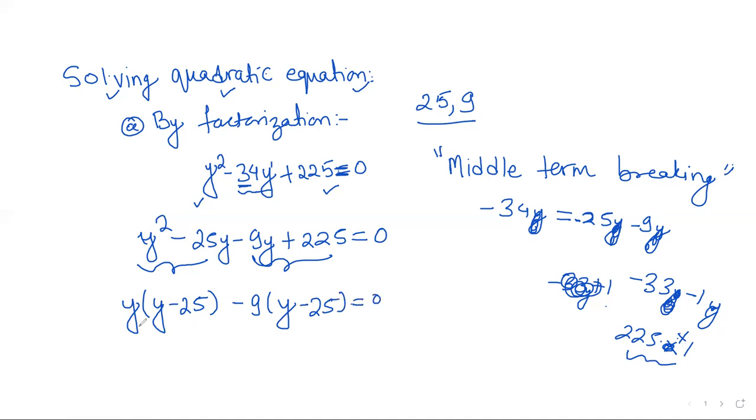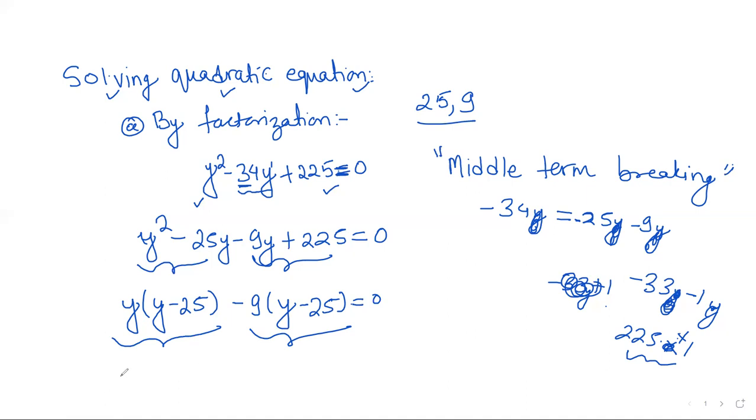Now what we see is a product of two terms, y and y minus 25, and a product of two terms, 9 and y minus 25. Previously we had four terms, and we factored the first two and the last two. Now we have only two terms: the first is y times y minus 25, and the second is negative 9 times y minus 25.